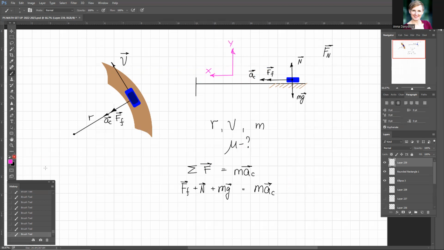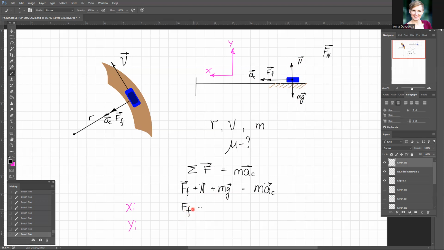So then I write my components for x and y. So x is pointing that way. I have acceleration, friction, and mg are not giving any components horizontally, 0 and 0. So let's see.